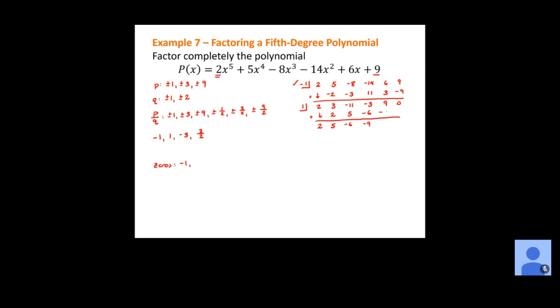And -9 times 1 is -9. We get a remainder of 0 again. It tells us 1 works. So I can add that to my list of zeros. Any questions up to that point?